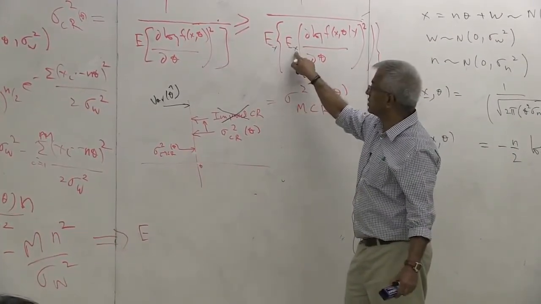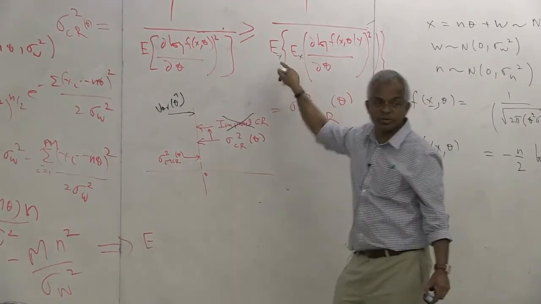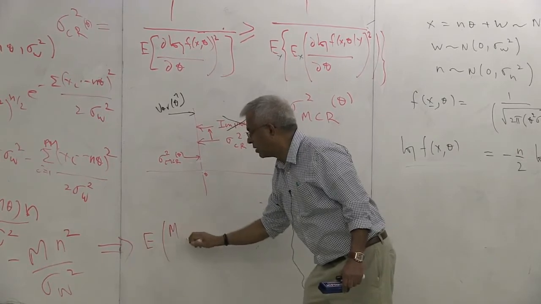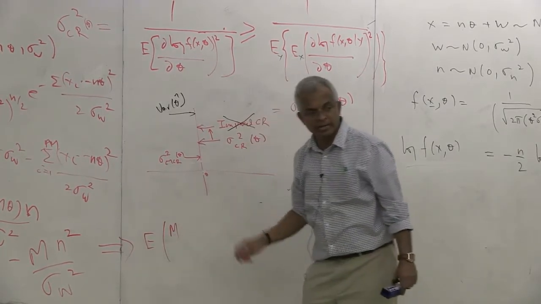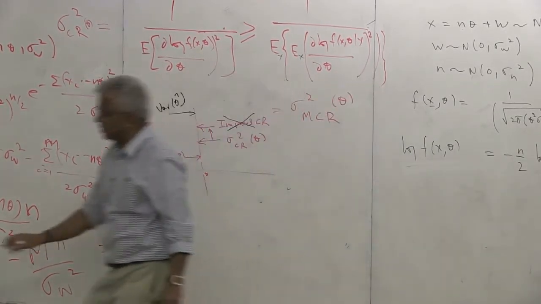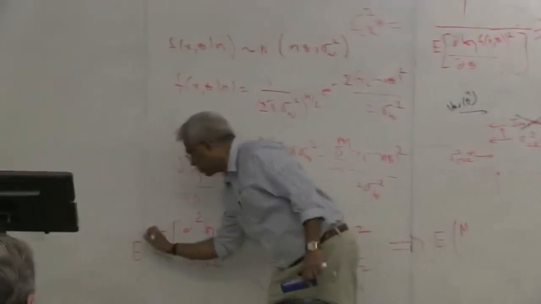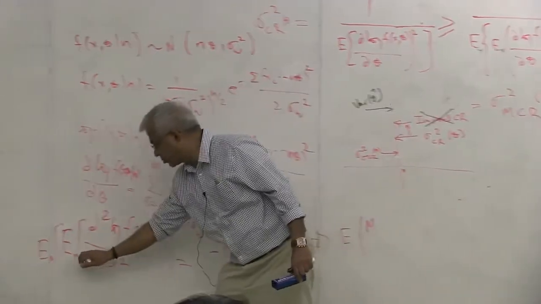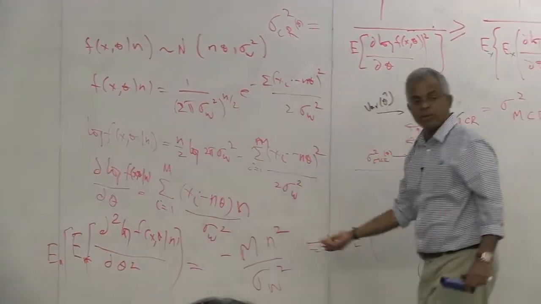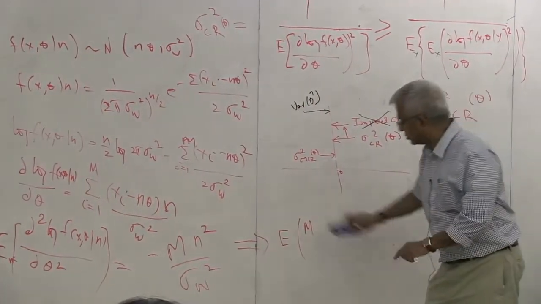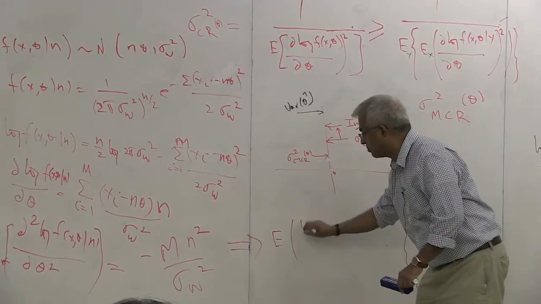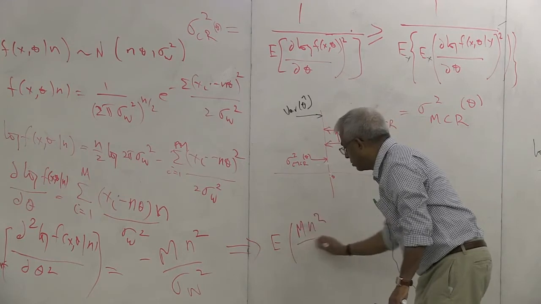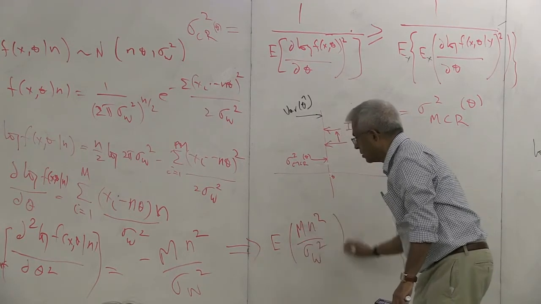I need one more expected value. This was with respect to the other one, x, which is independent of n. So this will turn out to be the expected value of m n squared over sigma w squared.